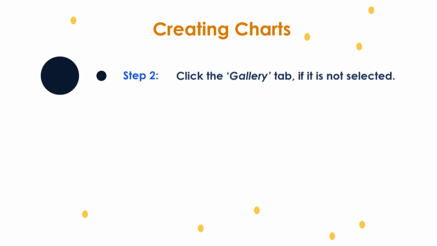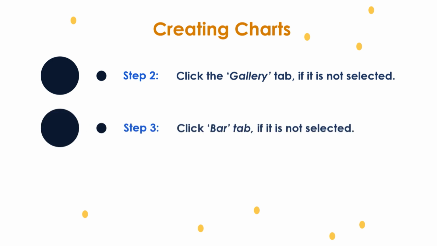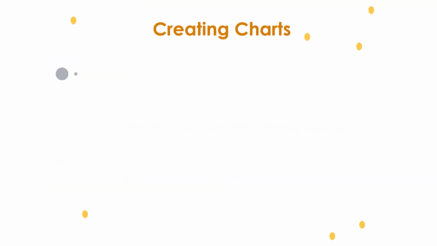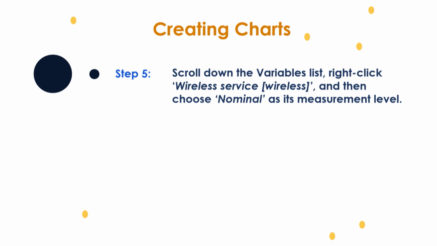Next, we can discuss further about creating a chart. Step 2, click the Gallery tab if it is not selected. Step 3, click the Bar tab if it is not selected. Step 4, drag the clustered bar icon onto the canvas, which is the large area above the gallery. Then step 5, scroll down the variable list, right click wireless service, that is nothing but wireless, and then choose nominal as its measurement level.